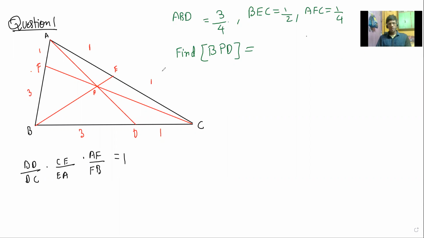Yes, so let's see what you have done. Oh, so I'm just calling this P. Okay, let me call it O. Actually, O is not a bad notation.